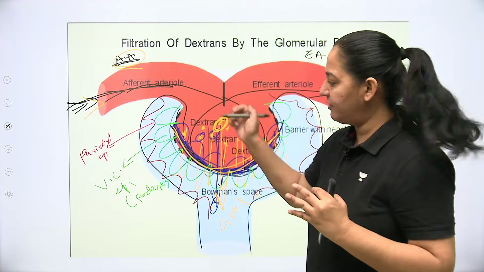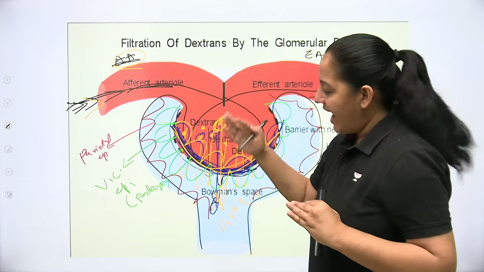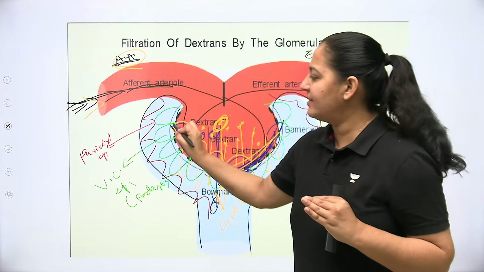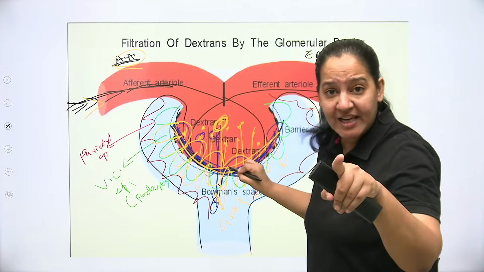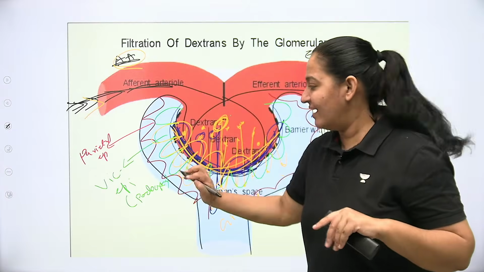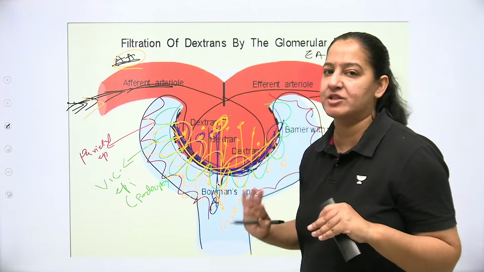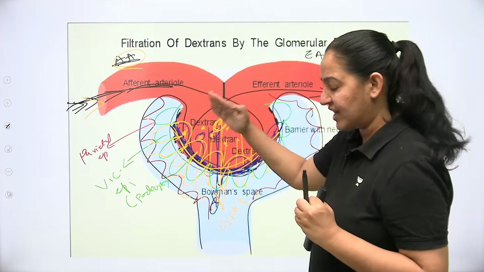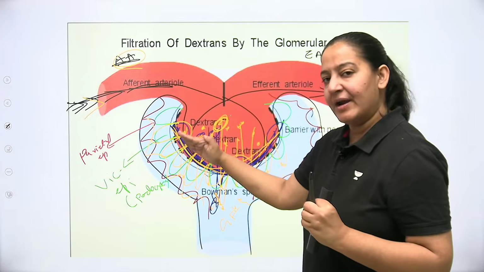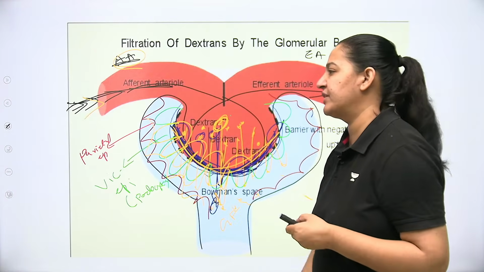On the inner side of the basement membrane there is the endothelium of the capillary, and on the outer surface of the basement membrane there is the epithelium of the Bowman's capsule. Which epithelium? It is visceral. The parietal one is the outer covering. That is not crossed by the metabolic waste. So the metabolic waste crosses three layers. What is the sequence? First endothelium, then basement membrane, then visceral epithelium. The visceral epithelium is known as podocyte. First, everyone give me a thumbs up.